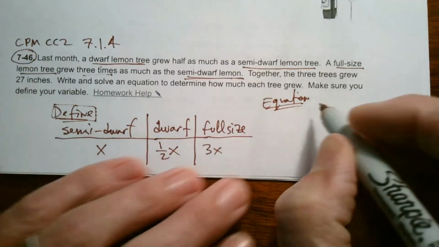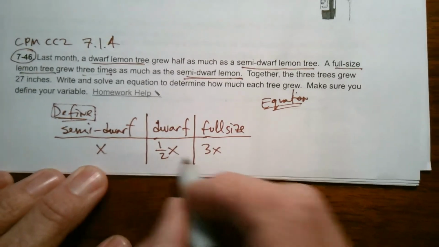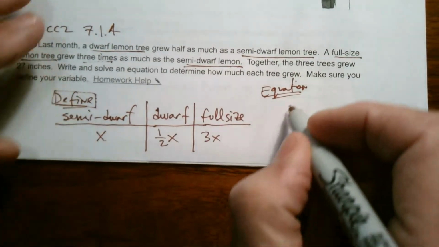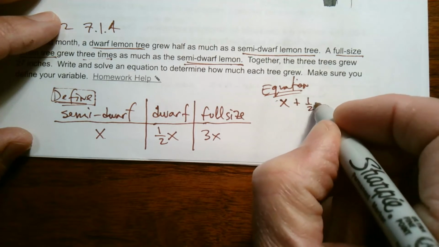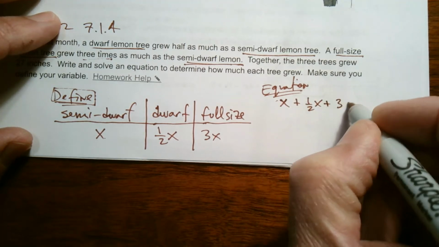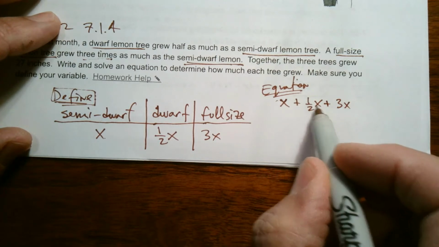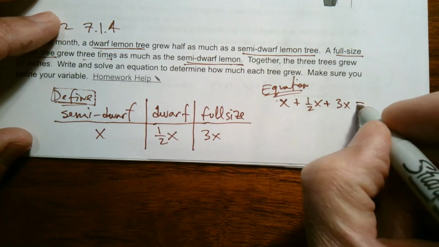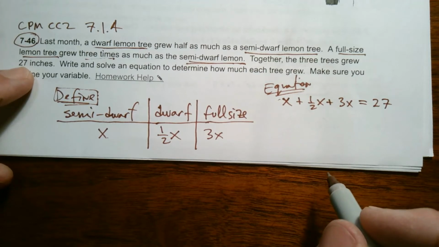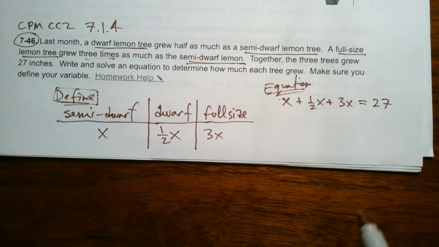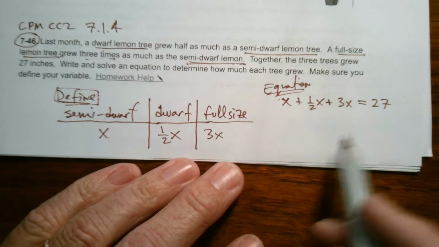That's my equation: the semi-dwarf plus the dwarf plus the full size, all together, is 27 inches, because they each grew, and then the total growth is 27.